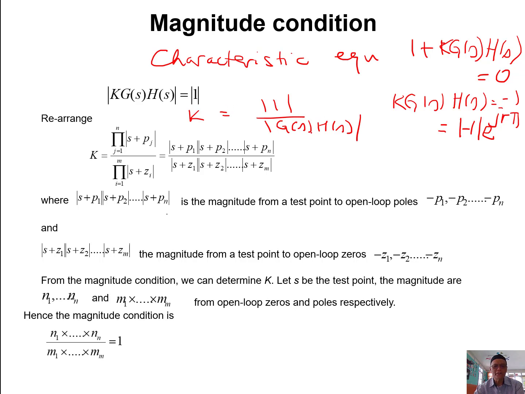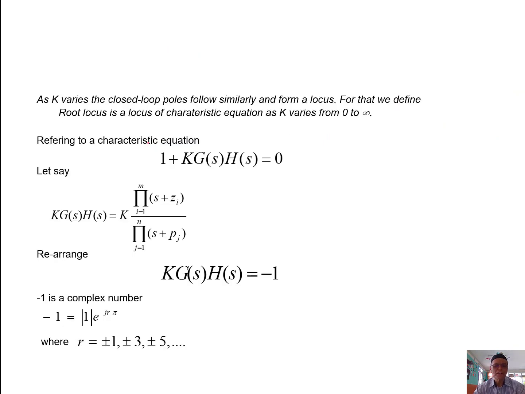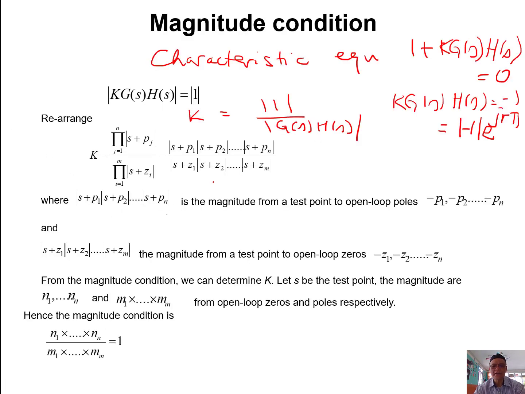Okay, so we know that G(s) and H(s) are basically given by this one, if you recall back. If we use this equation back, the magnitude of 1 is 1, which is basically the product of (s plus zi) over the product of (s plus pj).